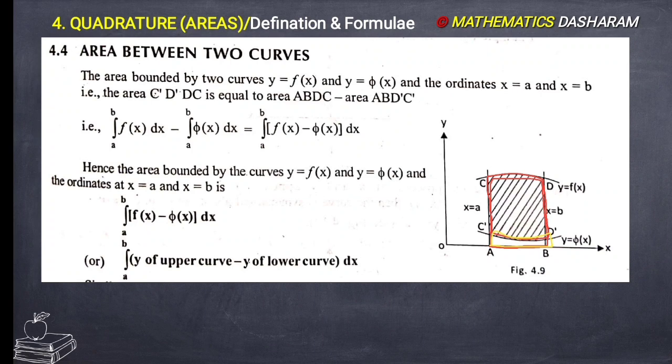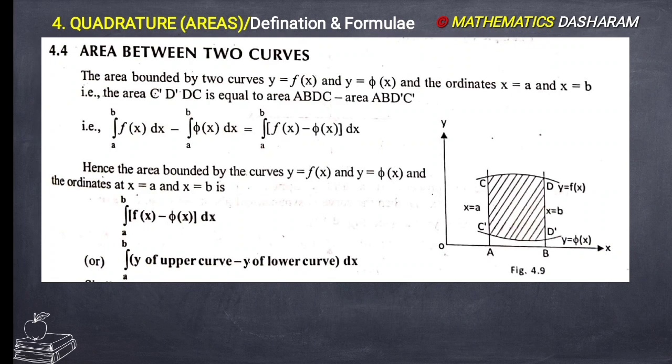So first, the area of ABDC: here the ordinates are a and b, so integration from a to b of f of x dx, minus the integration for the second curve, also from a to b, of phi of x dx.